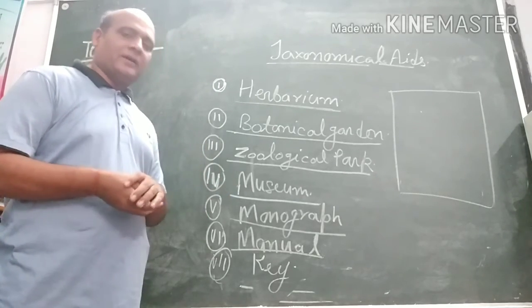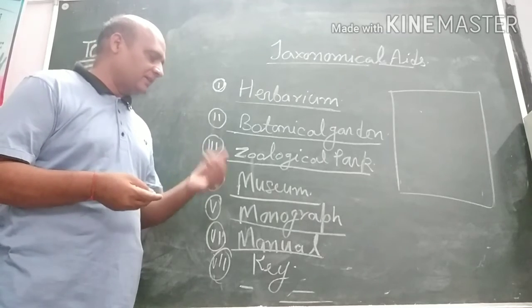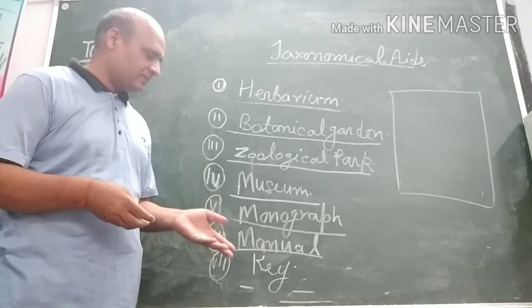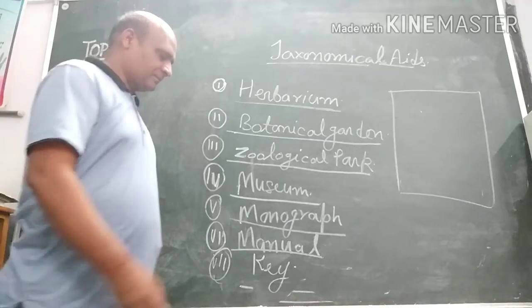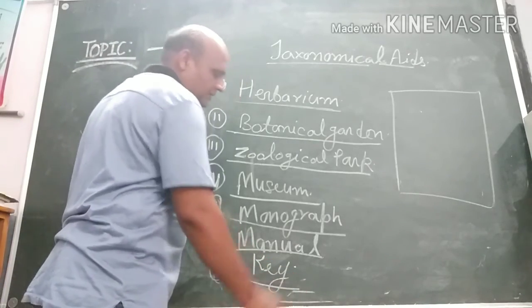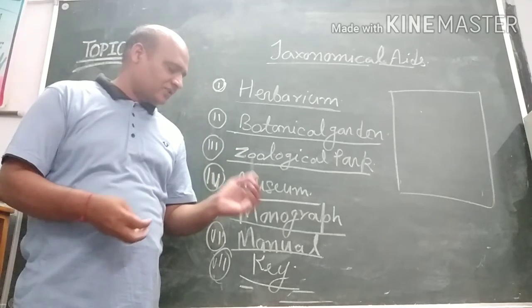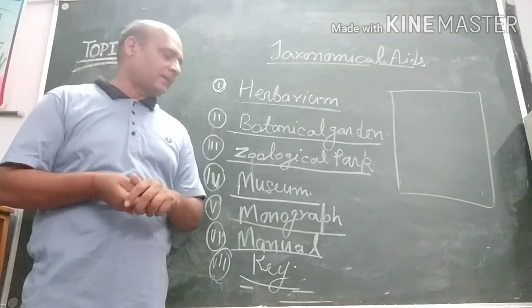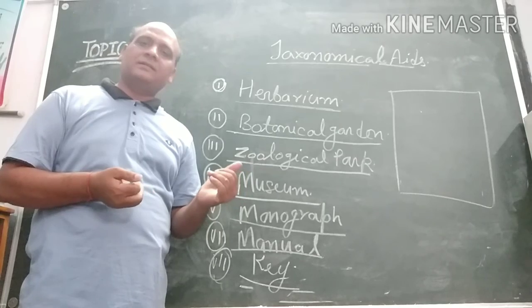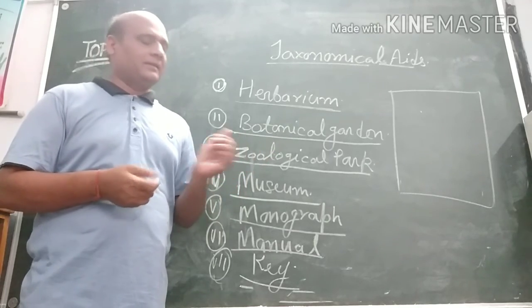It provides total information of any genus, family, species, etc. Key, it is an article of observation of different kinds of organisms based on their similarities and dissimilarities.